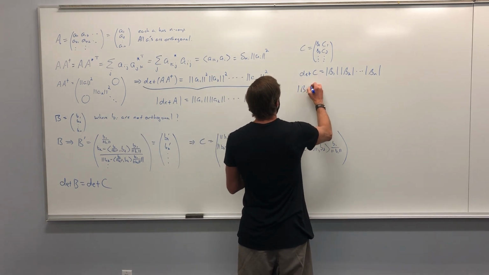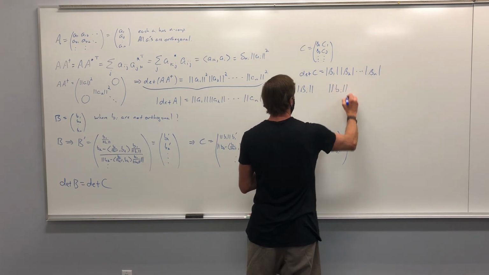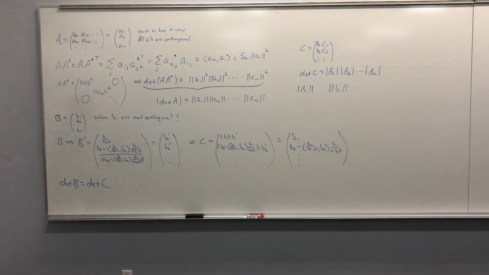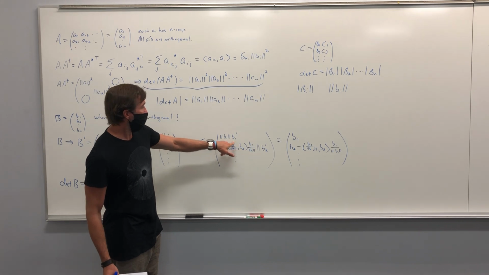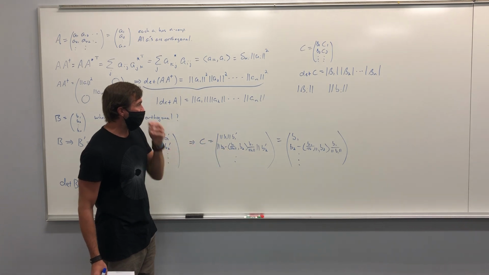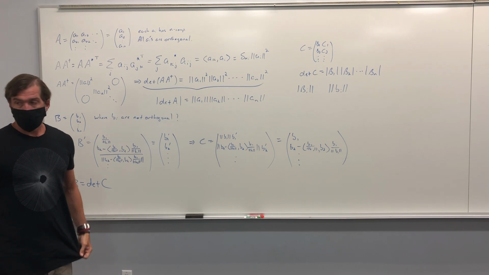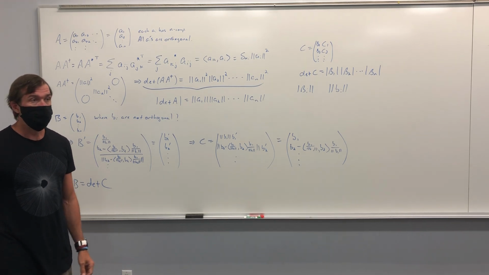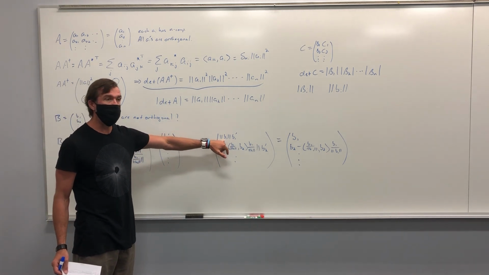Well, how is a beta i related to a B i? So the betas are these coefficients. This is simple, this is complicated, but nonetheless, how is this related to B2? Is it equal? Well, how is beta 1 related to B1?